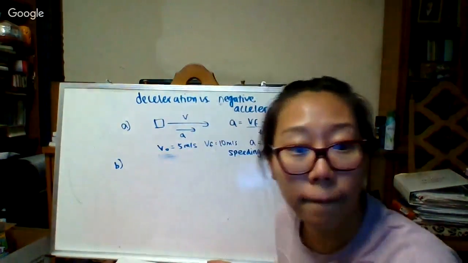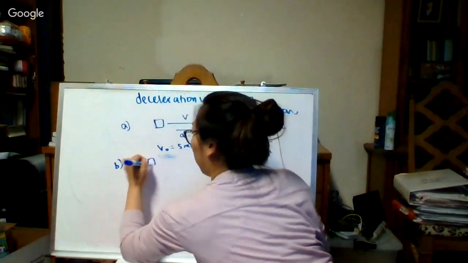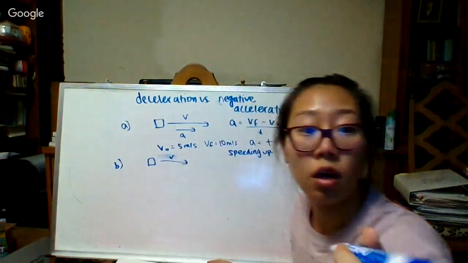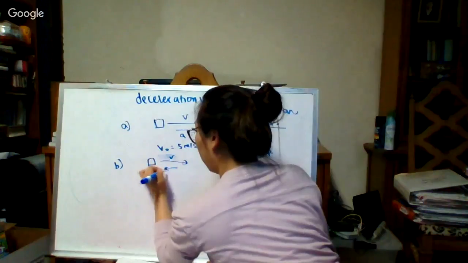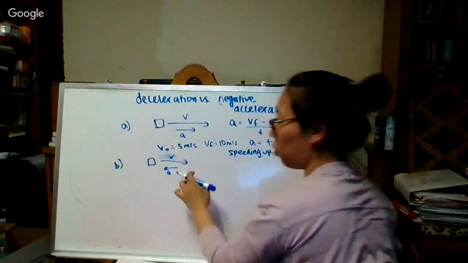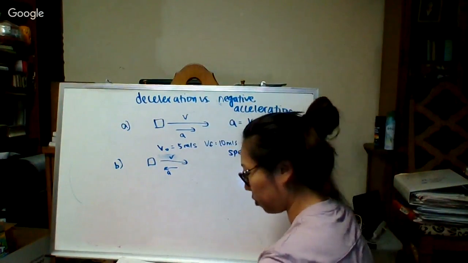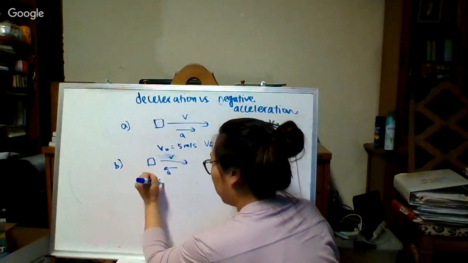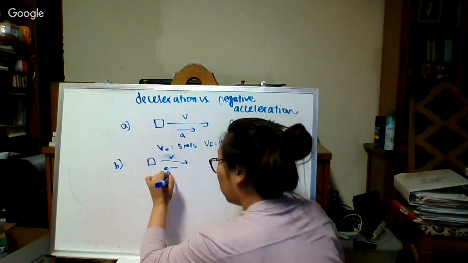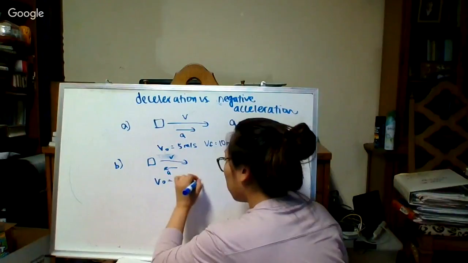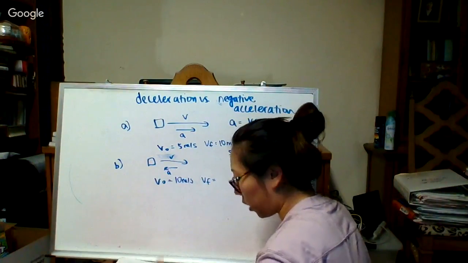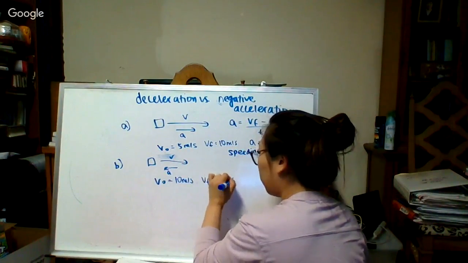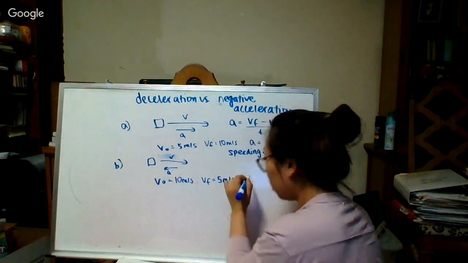B example is that it goes from V and then A. So in order to fulfill this, it's going to have V initial of 10 meters per second. I'm just going to use very similar numbers so that it's not confusing to you guys. Meters per second, and then acceleration.